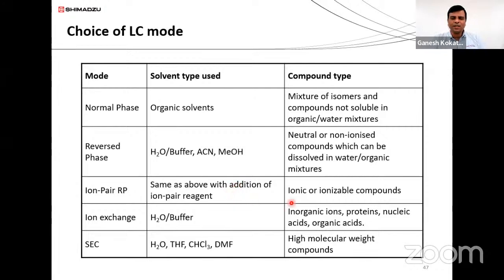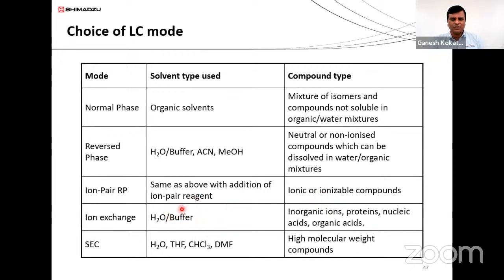So if we need to change it, we need to introduce some ion pairing reagents in between, so as to get proper ionization and proper adsorption on the column itself. After formation of some complex, we call it an ion pairing reagent complex.